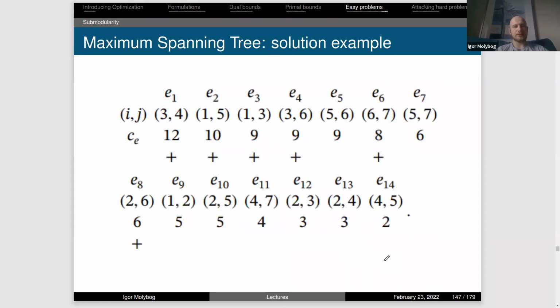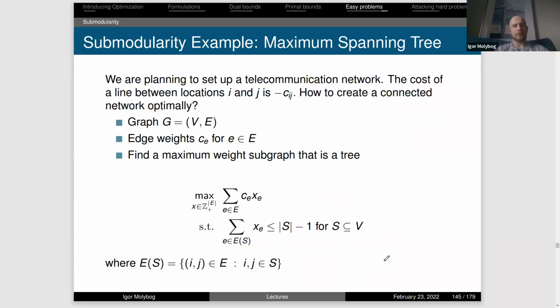And then there's an example of application of a greedy algorithm for a problem that possesses the submodularity property.